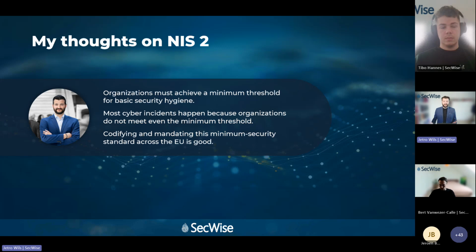When you read NIS2, from an information security point of view, it is common sense, right? We should have been there already 10 years ago. So in my opinion, NIS2 sets a common benchmark or baseline on cybersecurity across the Union, which is good, right? And collaboration increases. So I think this one is a great example of regulation.